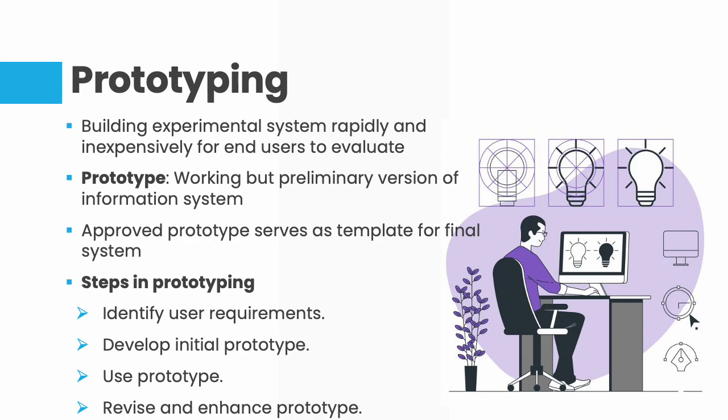Instead of spending a long time drawing perfect blueprints, you quickly build a simple model out of cardboard first. You can sit on it, see how it feels, and then change the design easily. So prototyping is like that for software, okay?